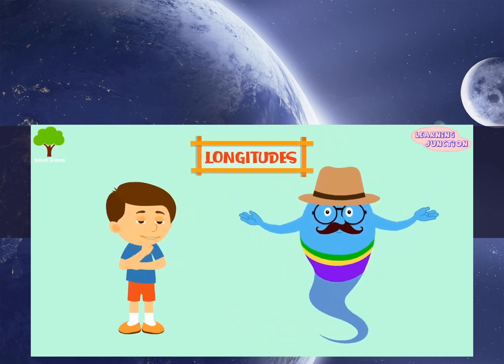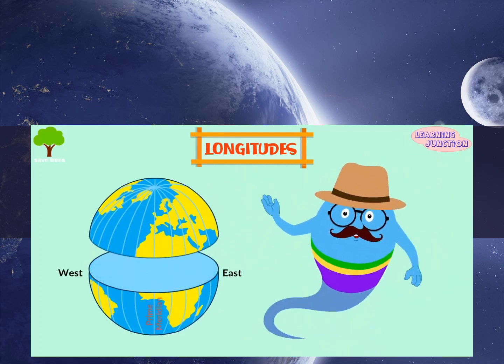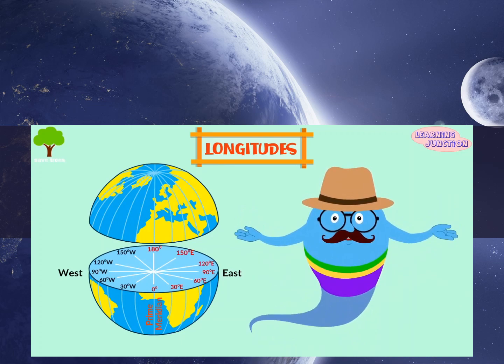And now the longitudes. Longitudinal lines run from the North Pole to the South Pole. They measure how far east or west a point lies from the prime meridian. These are also known as meridians. Longitudes can vary from 0 degrees to 180 degrees east.